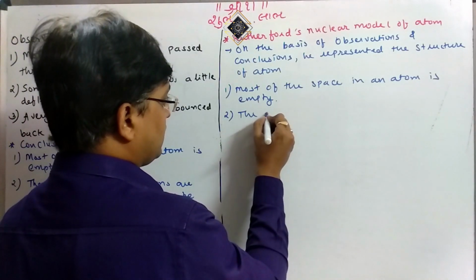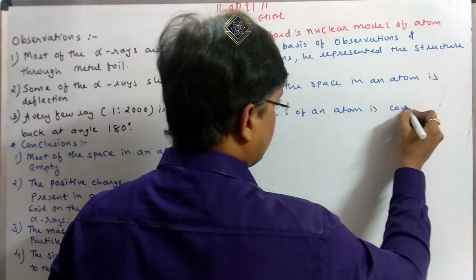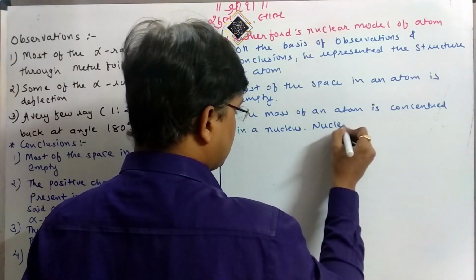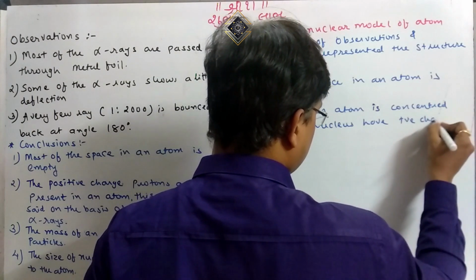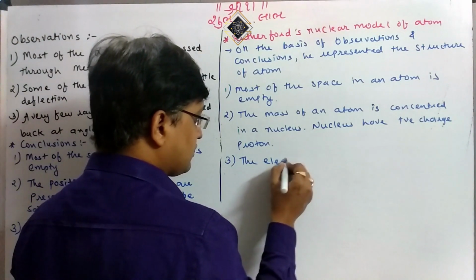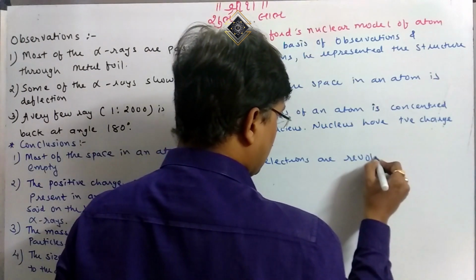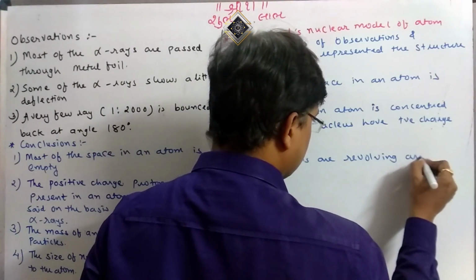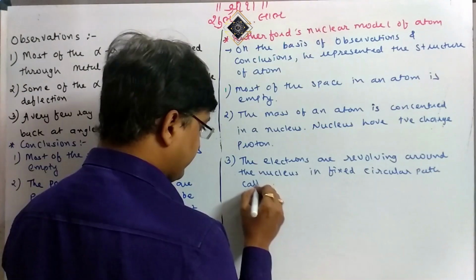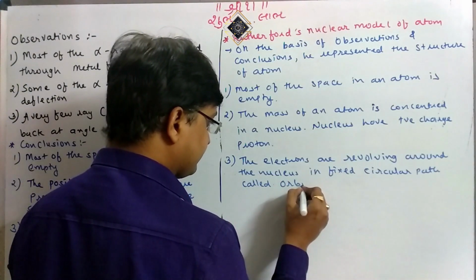The mass of the atom is concentrated in a nucleus. The nucleus has a positive charge, the proton. Third point, the electrons are revolving around the nucleus in fixed circular paths called orbits.